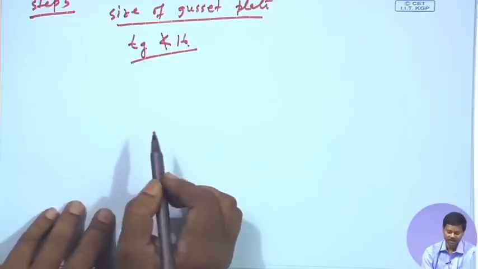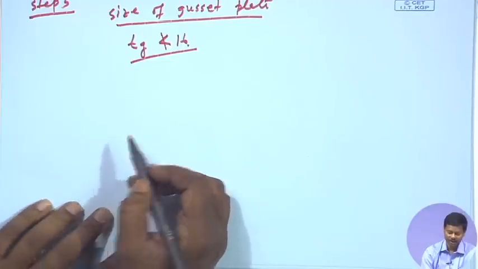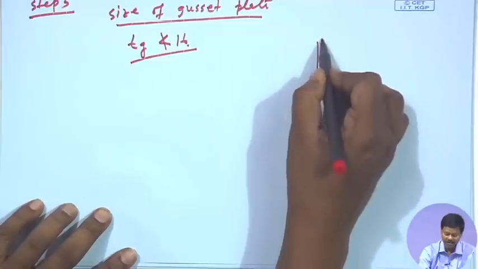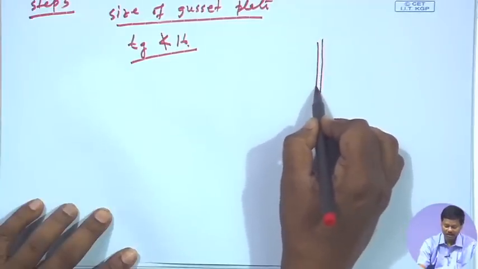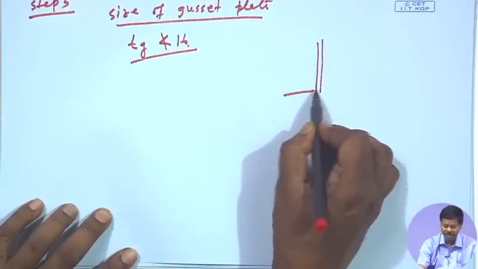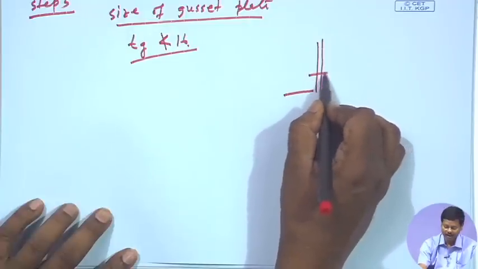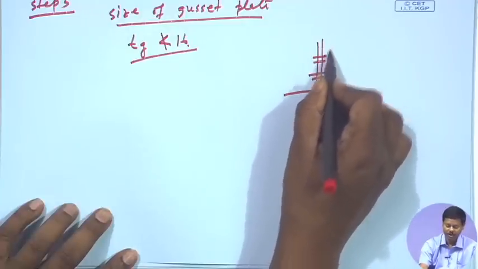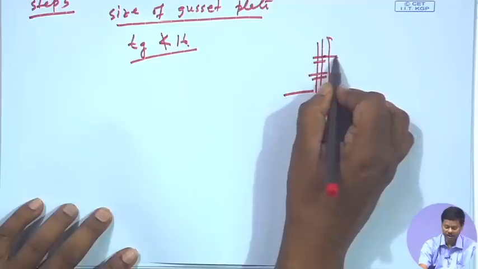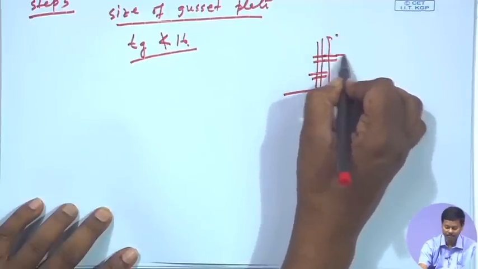So, first we will do this, then we will choose a certain Gusset angle, right, and Gusset angle dimensions will be chosen in such a way that in the vertical direction the length of the Gusset angle should be sufficient to carry the number of bolts, right, because it will be connected with the gusset plate and the column.